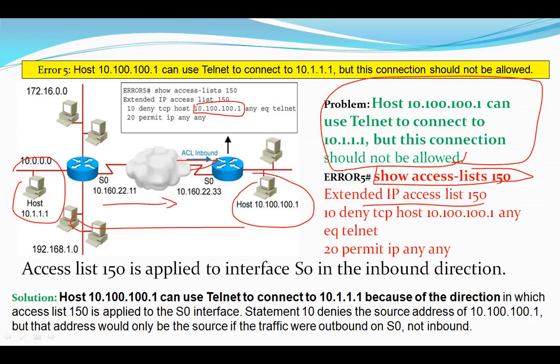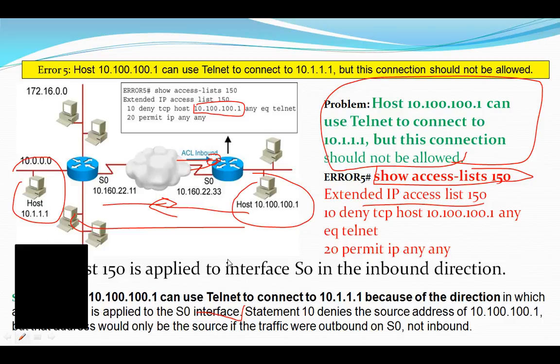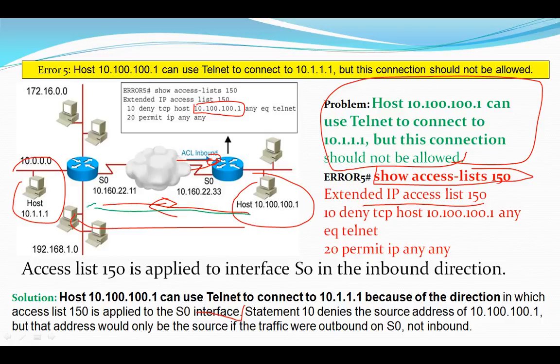Now we will see here that host 10.100.100.1 can use telnet to connect to 10.1.1.1 because of the direction in which access list 150 is applied to the serial interface. It is applied for incoming traffic, but from here the traffic is outgoing. It is not applied as out, which we should have put at the time of configuration of the ACL. So this should be out, it should not be inbound.